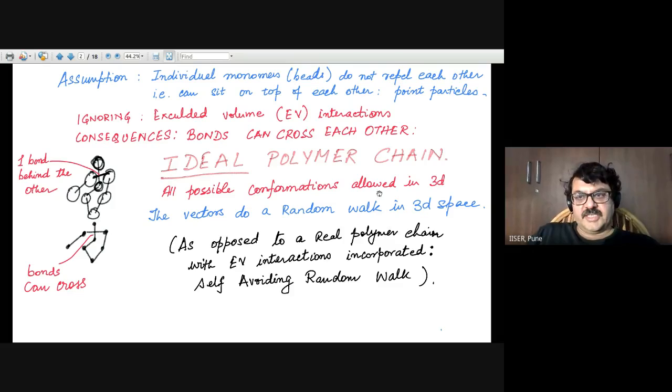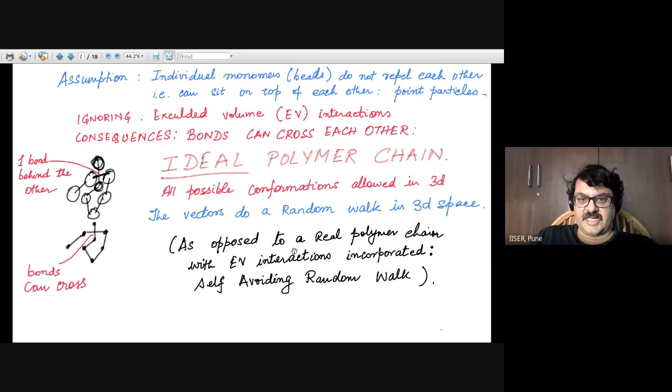So all possible conformations are allowed in 3D as long as the distance between the monomers is a fixed distance, suppose L. And you could say that the vectors essentially do a random walk in 3D space, as opposed to a real polymer chain, as we have discussed in the schematic diagram. So this is not the actual case.